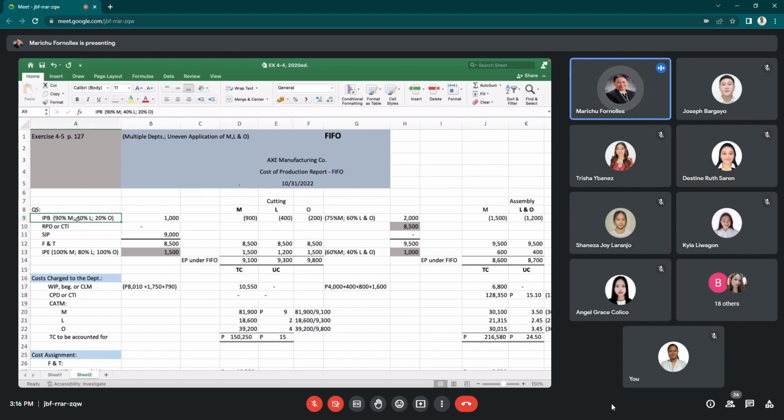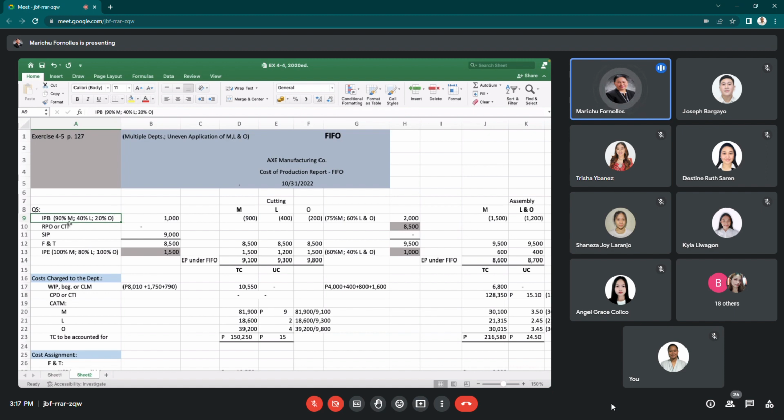Okay, so in the quantity schedule, we have here the work in process beginning, or I just shortened it as IPB. But in aside, you can put there WIPB. Okay, followed by the parenthetical disclosure that is 90% complete as to materials, 40% complete as to labor, 20% complete as to overhead.